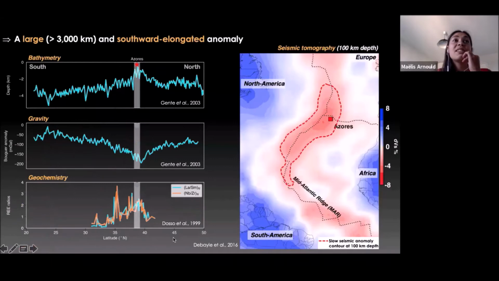So what we did is that we looked back at the observations around the Azores. As you can see here in this seismic tomographic map, there's a large slow anomaly, which is visible in the upper mantle, below the Mid-Atlantic ridge, and it's asymmetric, and it coincides with the bathymetry, the gravity anomalies, and the geochemical signature of the basalts that are shown here projected along the Mid-Atlantic ridge.